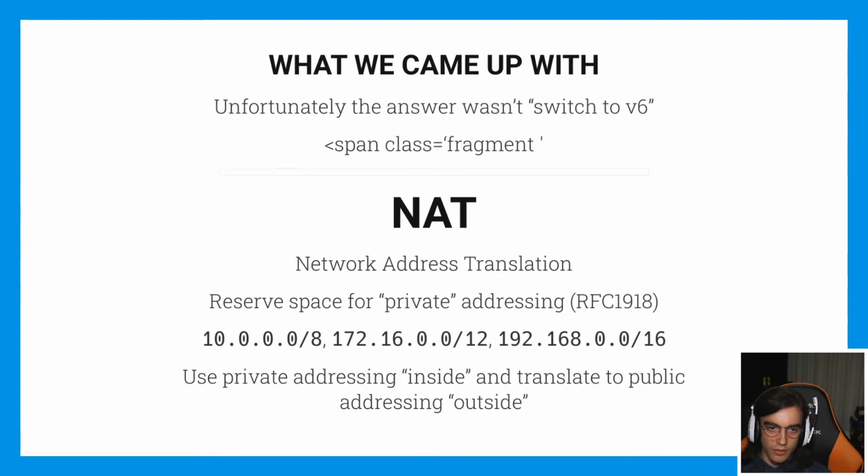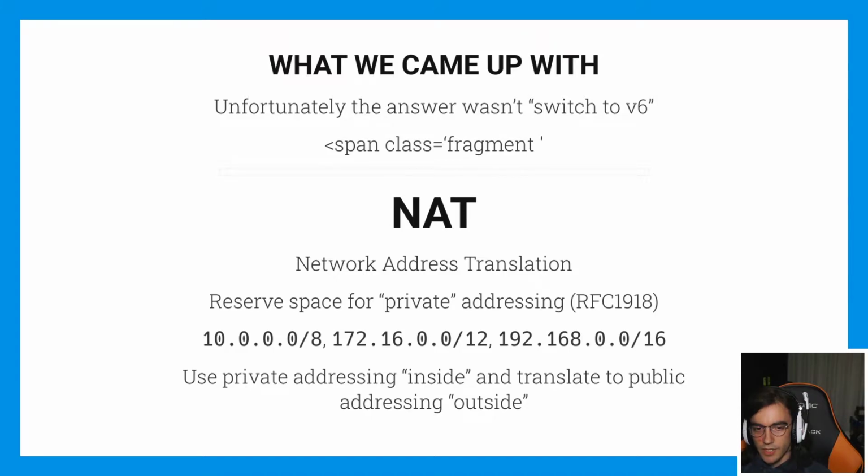It looks like I've got something a bit ugly in my presentation here. We'll just ignore that. Unfortunately, the answer we came up with was not to switch to IPv6. The answer we came up with was NAT, or network address translation.